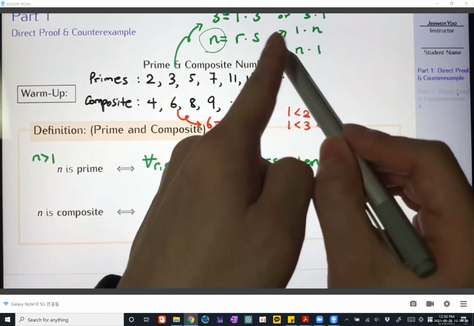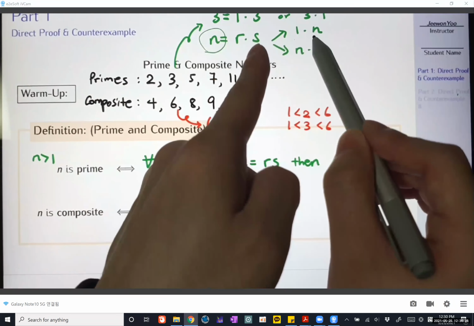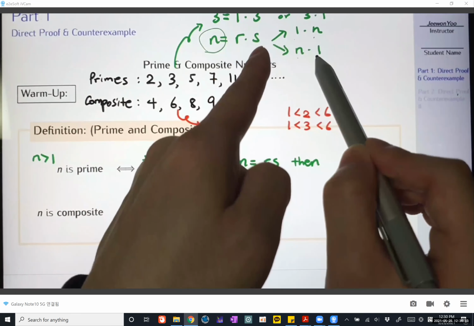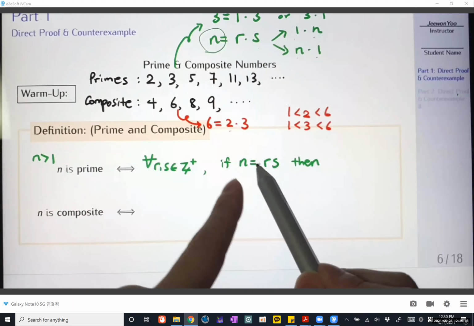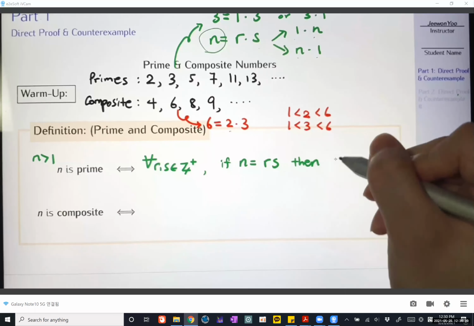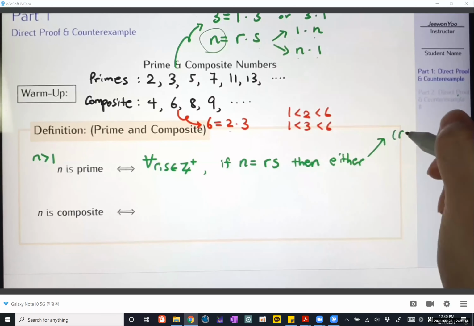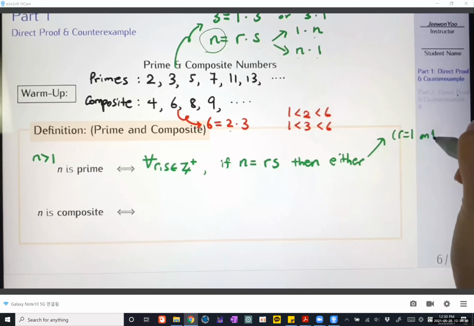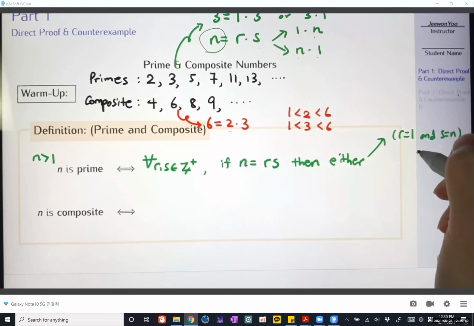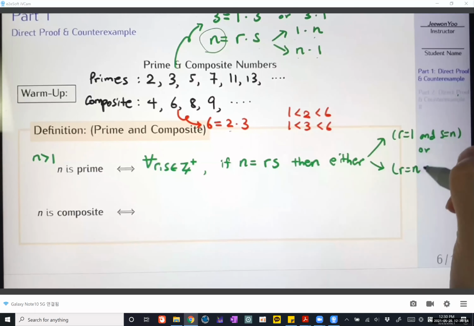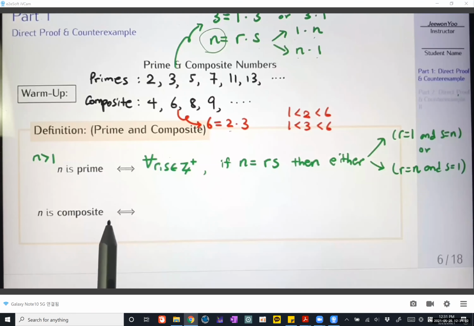Either r is equal to 1 and s is equal to n, or r is equal to n and s is equal to 1. Do you understand? Only one of those two cases for n to be prime. So one way or the other. If you have another case, then you have to consider it as a composite number.